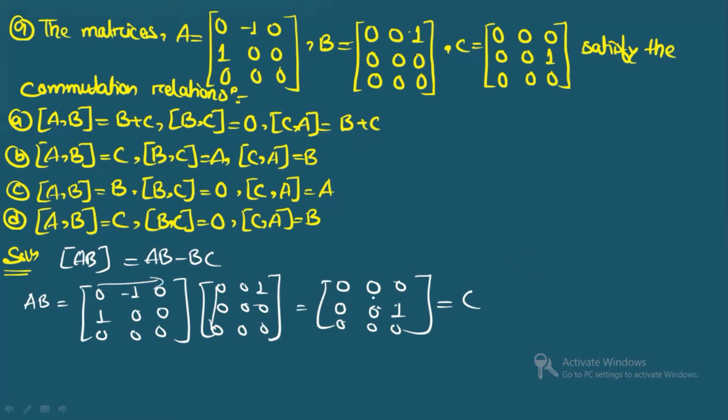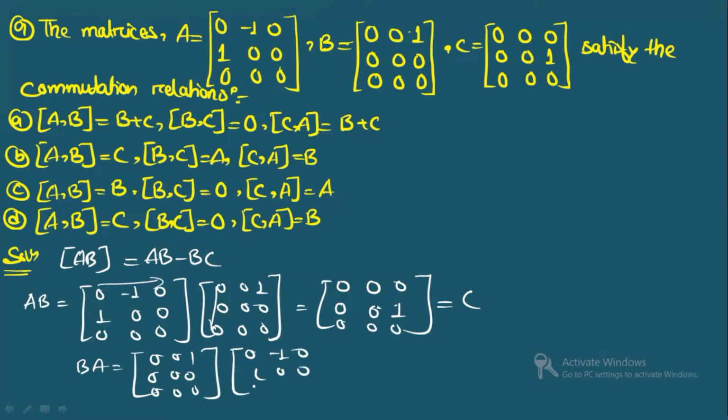You can just see. Next you will do BA. So BA is giving you 0 0 1, 0 0 0, 0 minus 1 0, 1 0 0. Just write the matrix and multiply. This time the matrix multiplication goes in this way. So this will give you 0. The next also will give you 0.